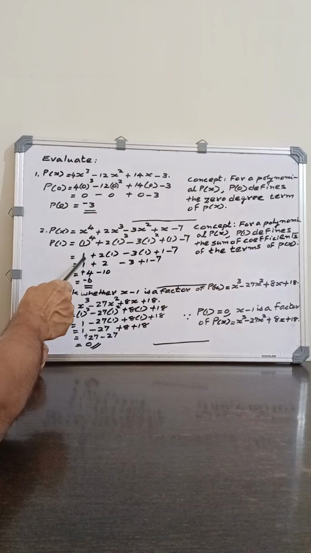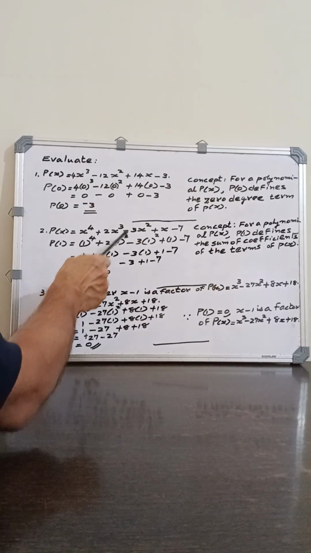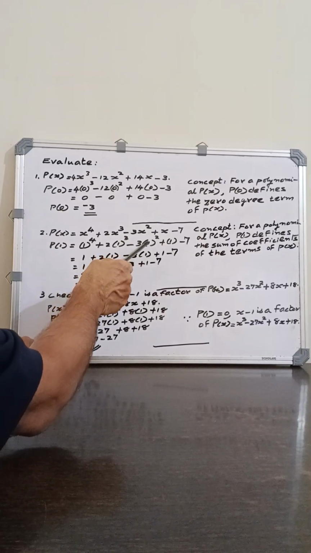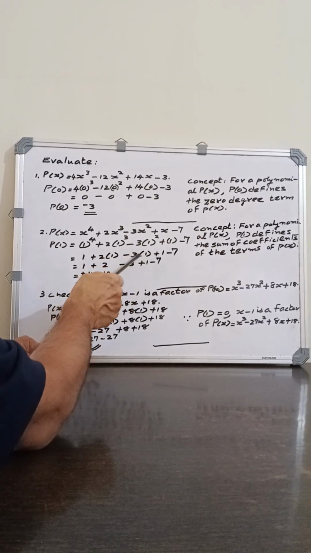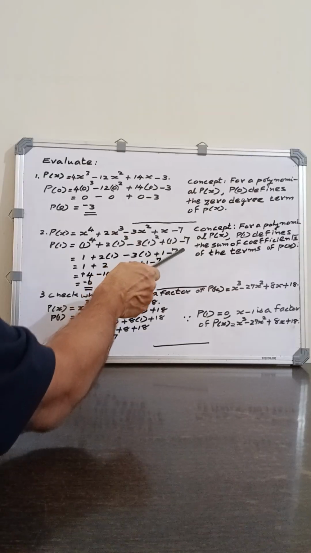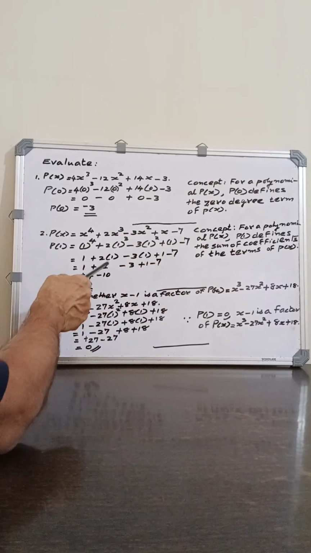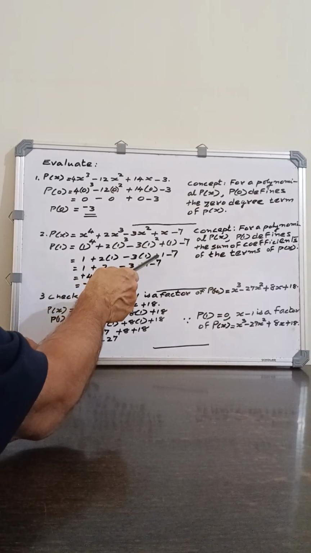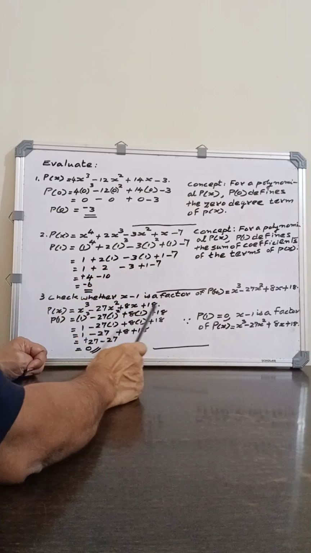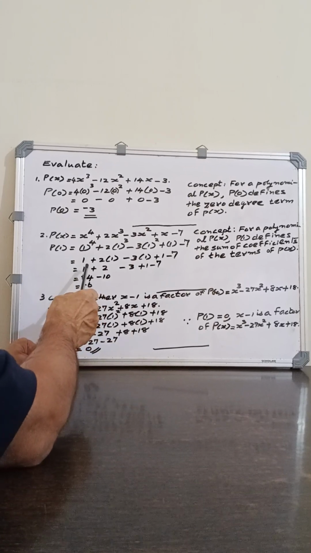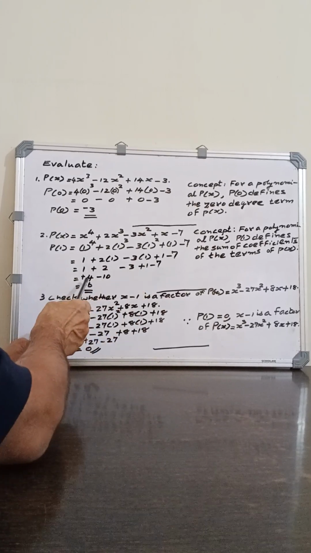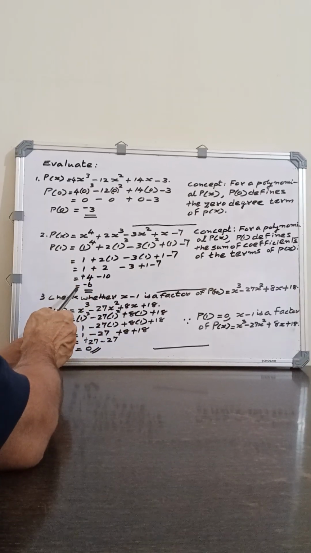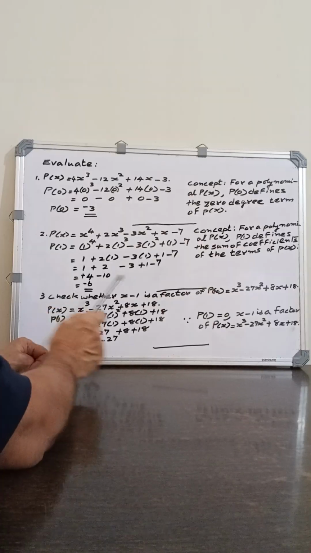That is 1 plus 2 minus 3 plus 1 minus 7. Adding the positives 1, 2 and 1 gives 4, and minus 3 and minus 7 gives minus 10, and the answer is minus 6.